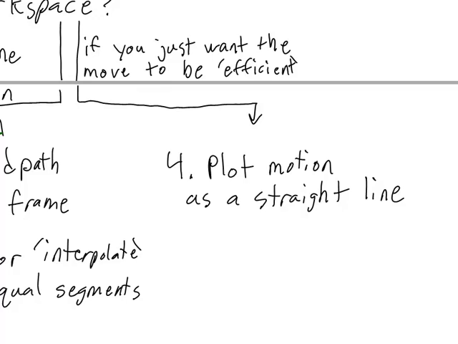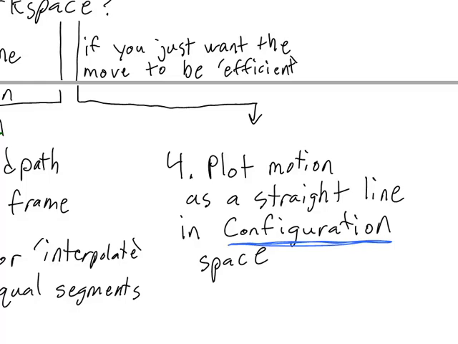When we want to simply be efficient in the paths that we plan for the motion of our manipulator, we want to plan motions that are a straight line in configuration space, not in Cartesian space.